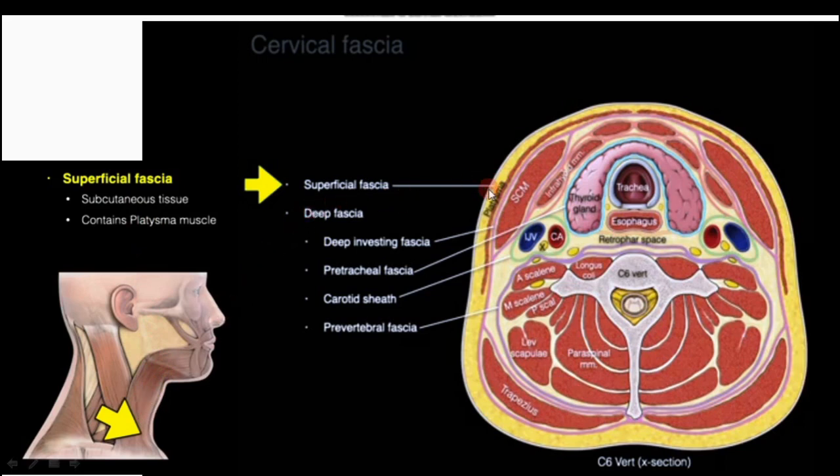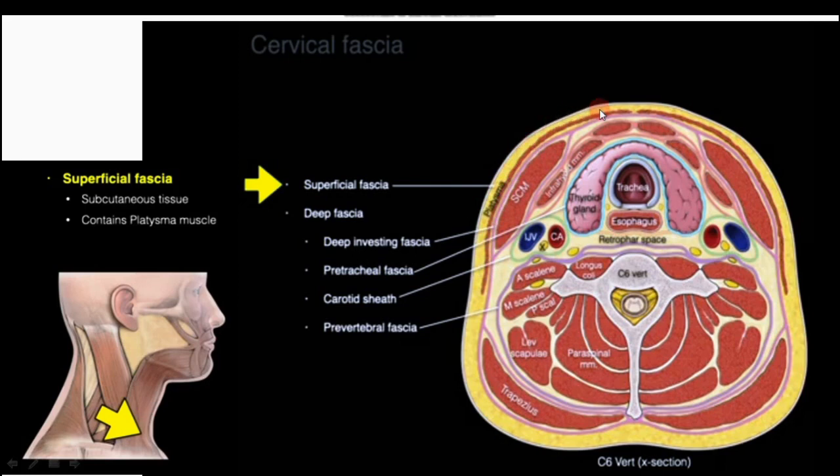This image is a transverse section at the level of C6 vertebra, and we can see from superficial to deep: skin, then subcutaneous tissue, then the platysma.